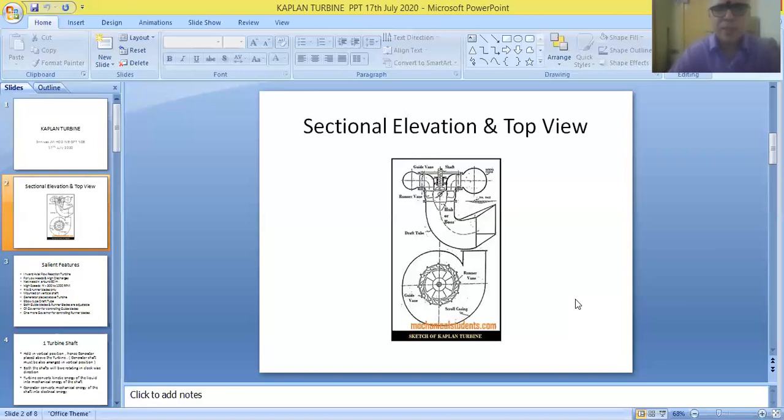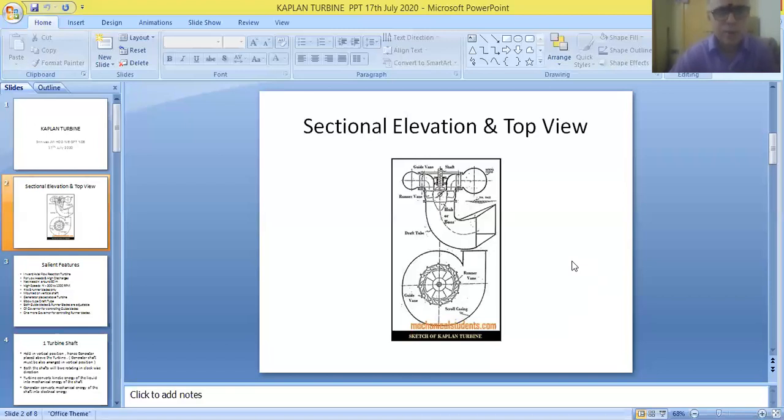So we can see the arrangement of the draft tube. It's very, very essential for operating Francis and KAPLAN turbines. Negative pressure will be developed at the outlet of the runner.